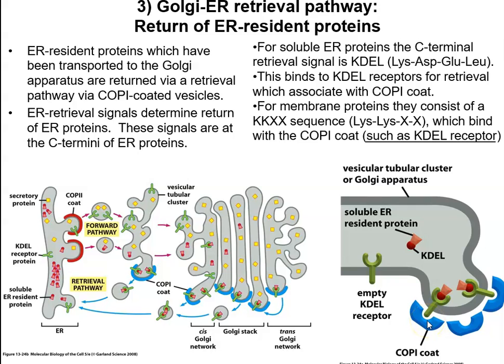So that's another protein transport sequence that you need to know. I think I mentioned there are only a few signal sequences that you really need to know. One of them is KDEL, one of them is this KKXX, and the other one is the nuclear import sequence that we're going to cover next week. And this is just showing the KKXX interaction with the COP1 coat there.